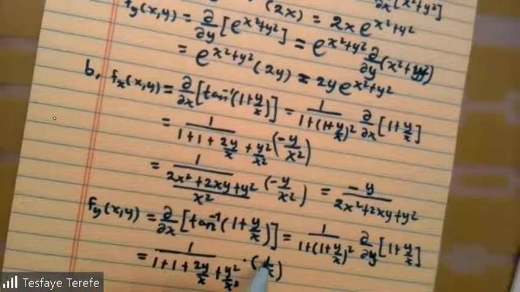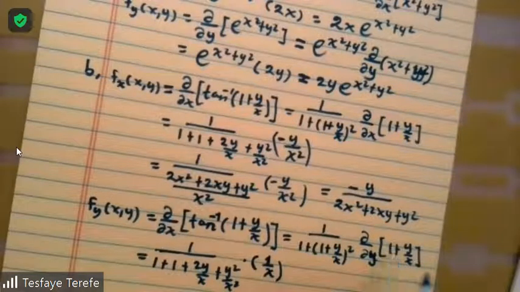Is it clear, guys? Because this is 0 and 1 over x is the coefficient. The derivative of y is 1. And that's why we get this.